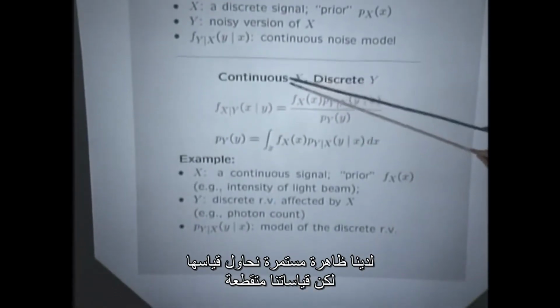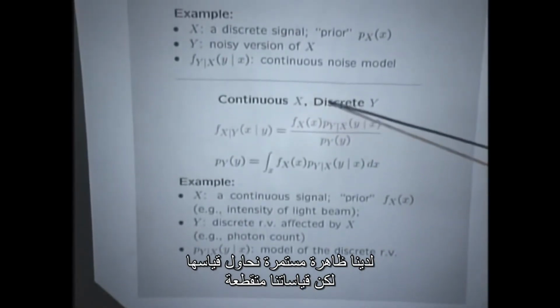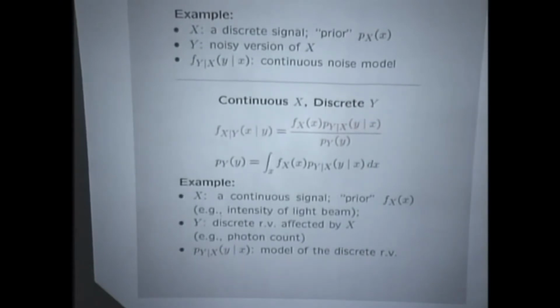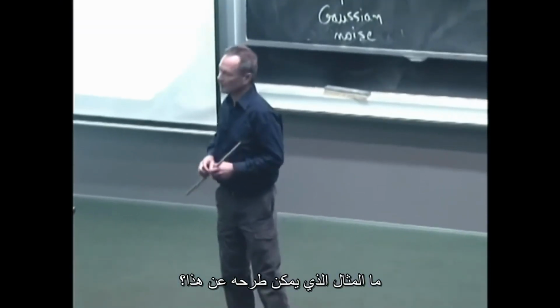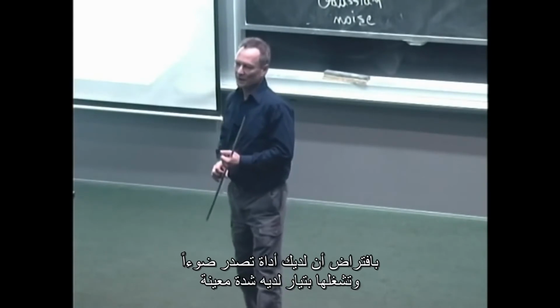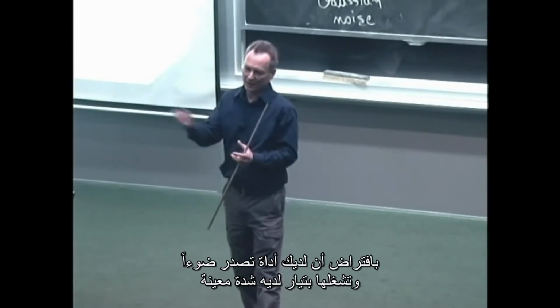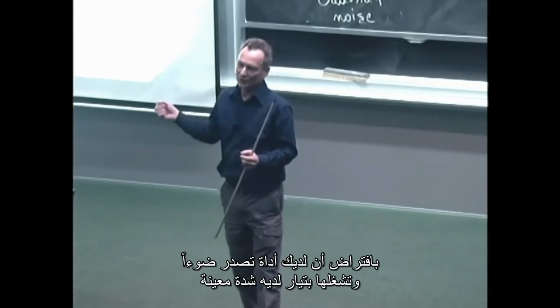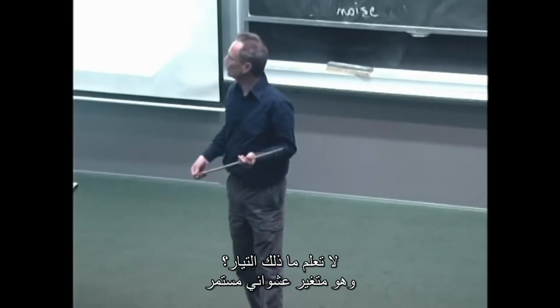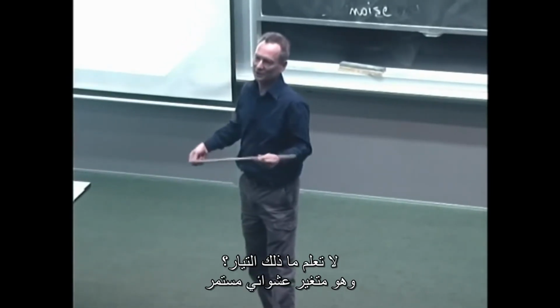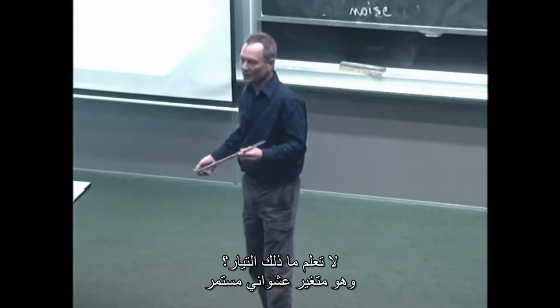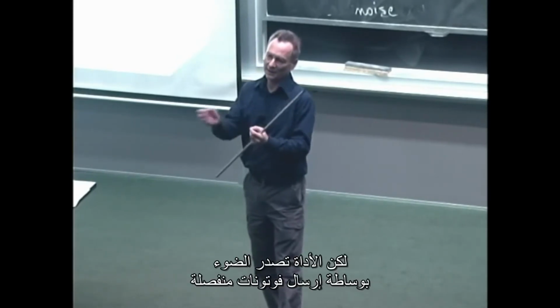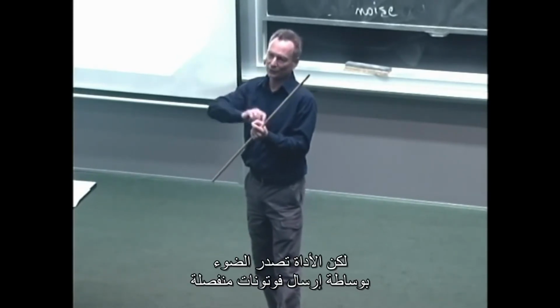Here we have a continuous phenomenon that we're trying to measure, but our measurements are discrete. What's an example where this might happen? So you have some device that emits light, and you drive it with a current that has a certain intensity. You don't know what that current is, and it's a continuous random variable. But the device emits light by sending out individual photons.